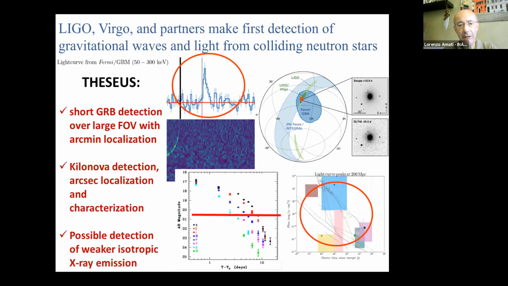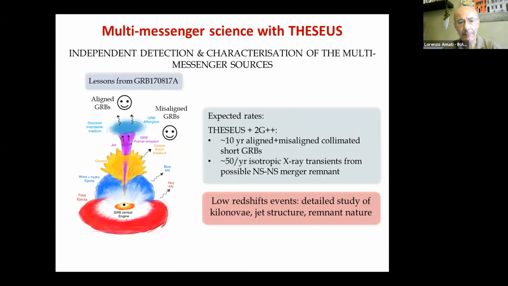And a machine like Theseus could do all of it by itself, detect and localize the short gamma ray burst, detect and localize the possible kilonova emission or the near infrared afterglow of the burst, and also detect and localize the possible soft X-ray emission that some models expect to be produced after the neutron-star merger if a very massive, fast rotating and highly magnetized neutron star is left as a remnant of the merger. So really impressive capability.